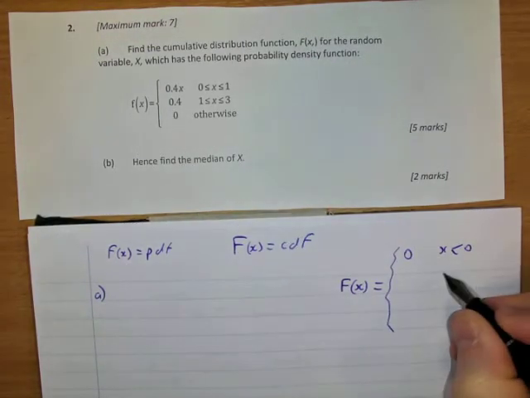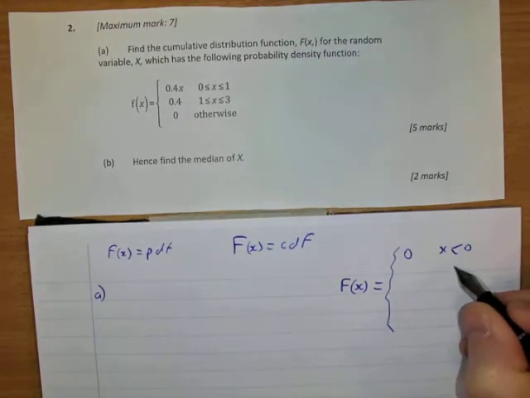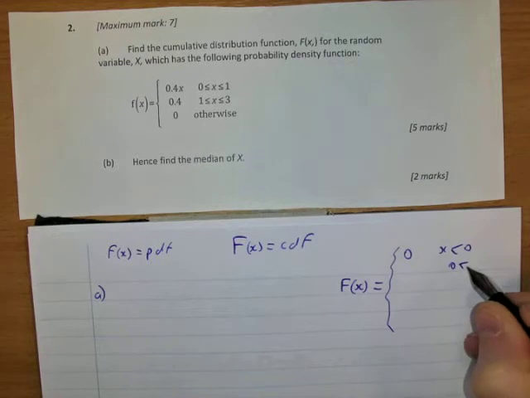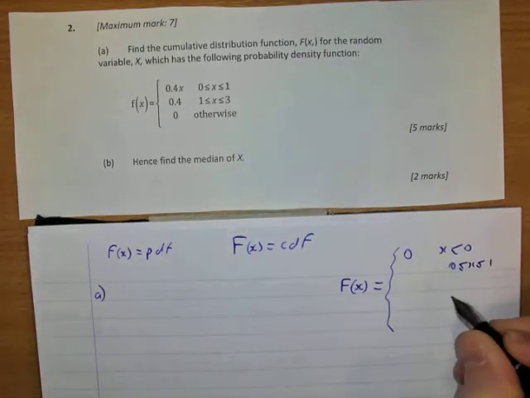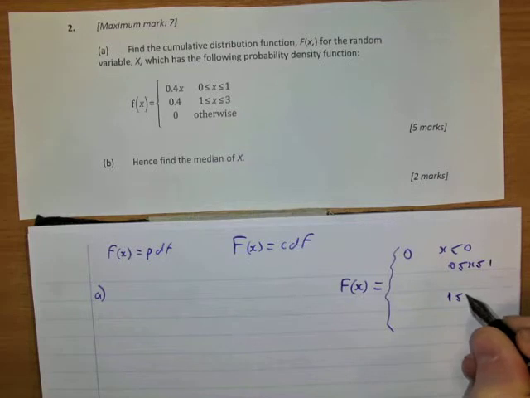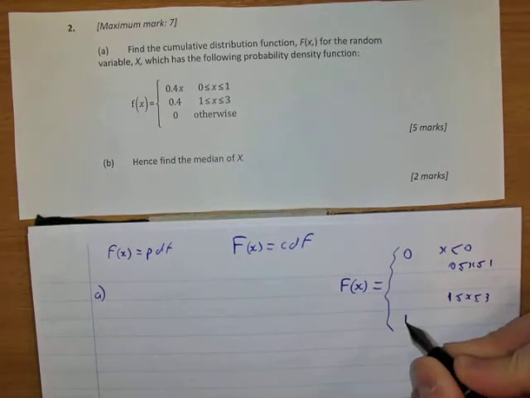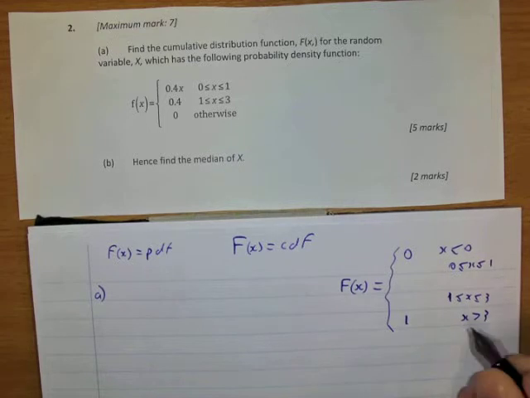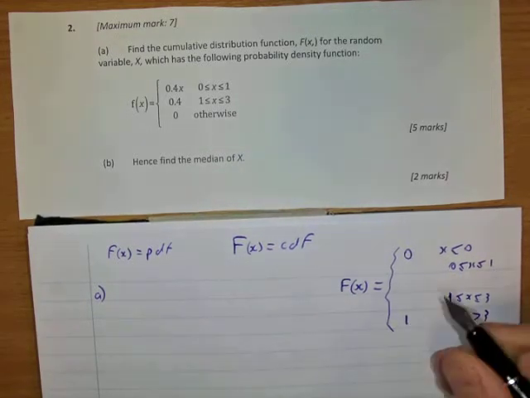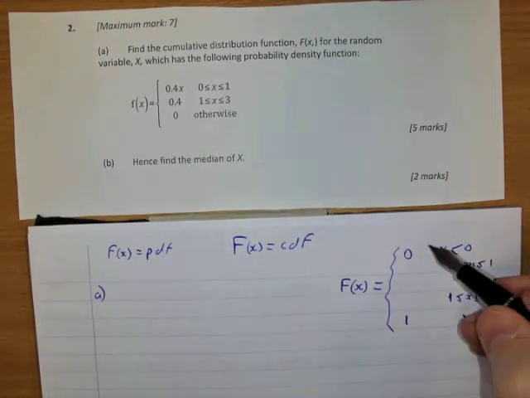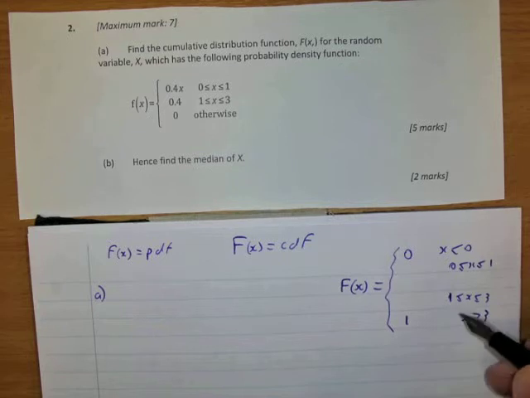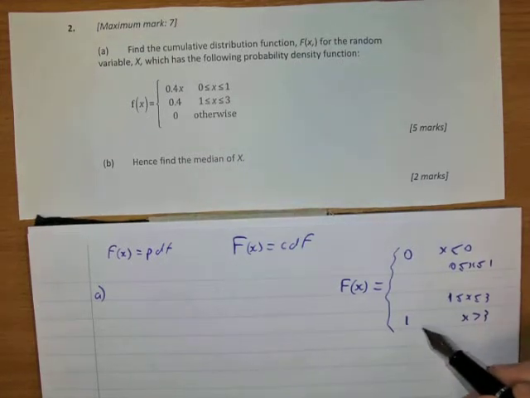You're then going to have two parts: one between 0 and 1, another between 1 and 3. And then anything greater than 3, the CDF will be 1. Remember, it's a running total, so we're adding up the total probabilities of getting this x value or less. So getting an x value of 3 or less covers everything, so it has to be 1.